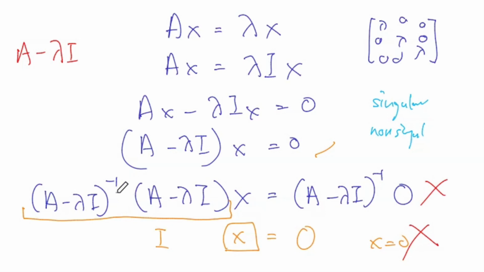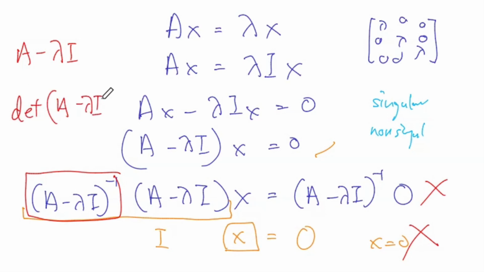Because if it is invertible, you can write this, and you'll find S is 0. But since S is not 0, A minus lambda I is not invertible, or the determinant of A minus lambda I is equal to 0.